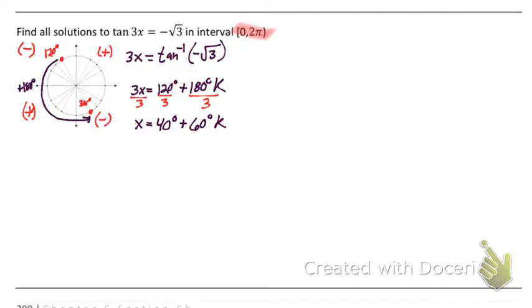So it's asking, I want to list every single angle that's between 0 and 2 pi. So what I'm going to do is create a table of values. Let's see if I can do a straight line. There we go. I'm going to create a table of values that have k values and which degree results from those k values.